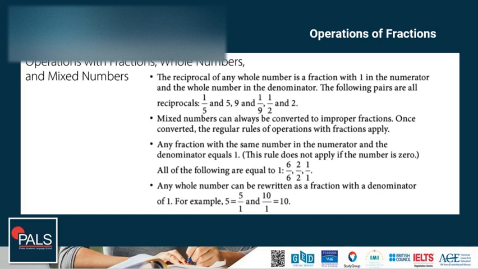The first one: the reciprocal of any whole number is a fraction with 1 in the numerator and the whole number in the denominator. The following pairs are all reciprocals: 1/5 and 5, 9 and 1/9, 1/2 and 2.